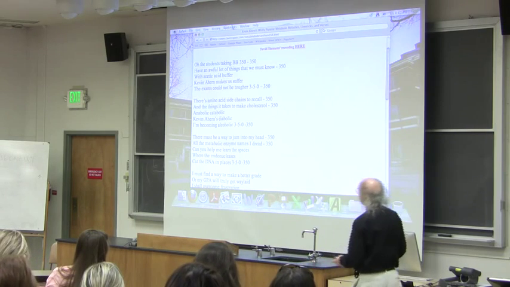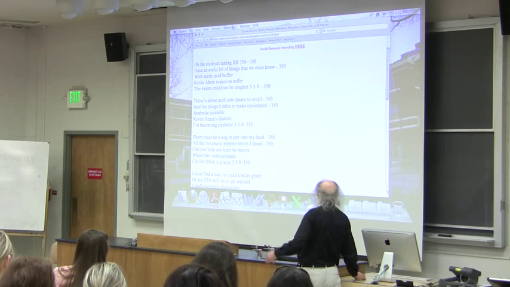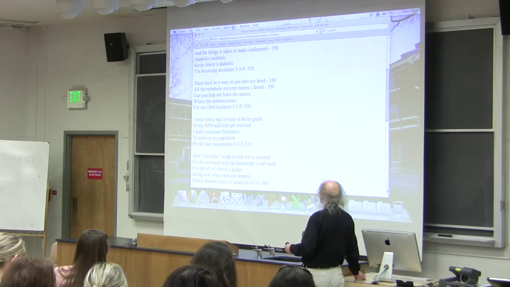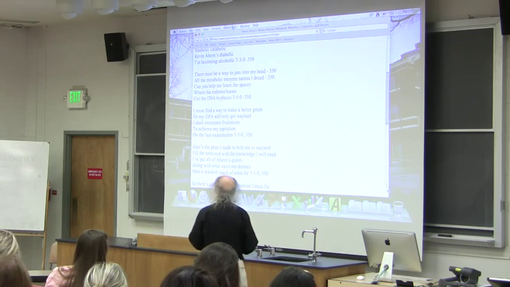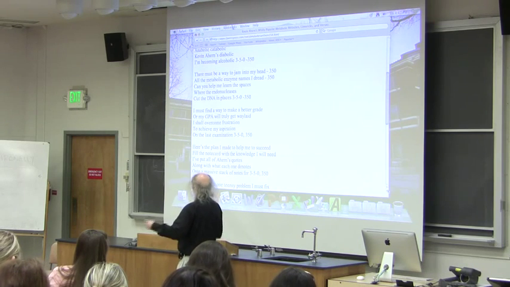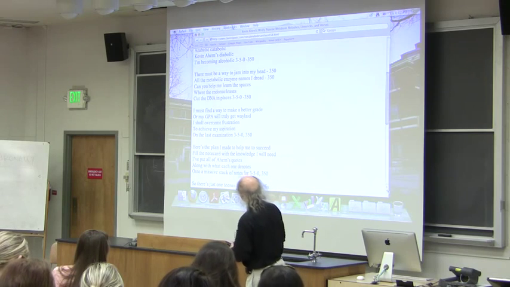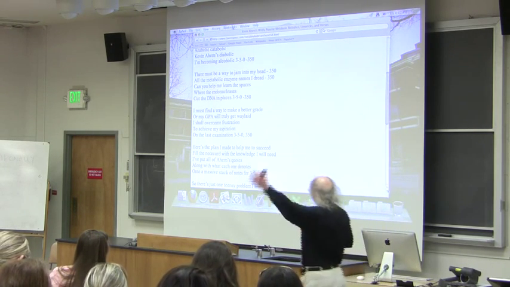There must be a way to jam into my head all the metabolic enzyme names I dread. Can you help me learn the places where the endonucleases cut the DNA in places, 350? I must find a way to make a better grade, or my GPA will truly get waylaid. I shall overcome frustration to achieve my aspiration on the last examination, 350.